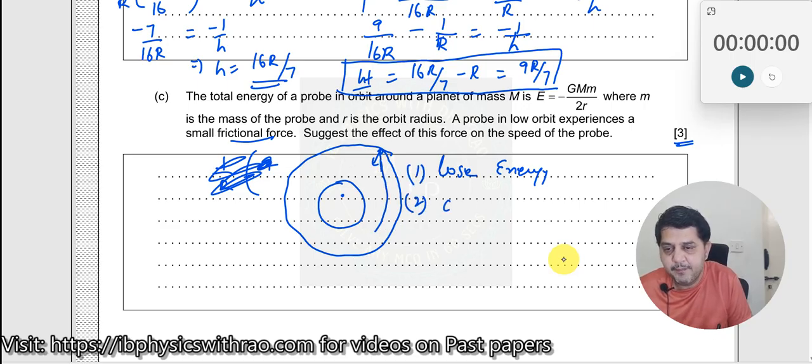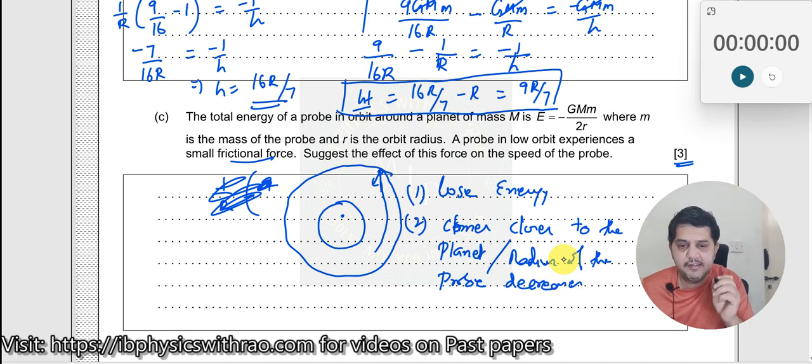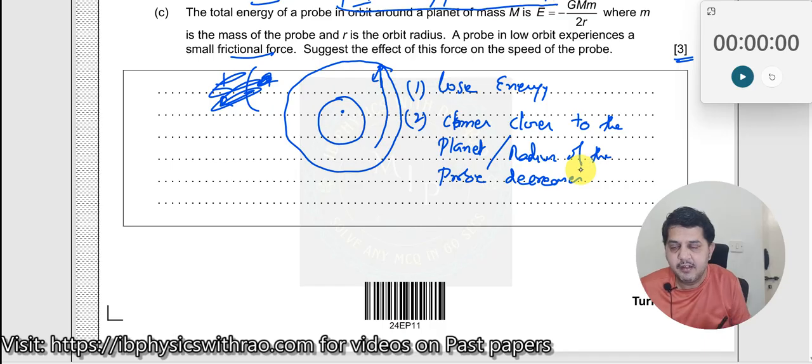Second one: it comes closer to the planet. You can write like this, or you can also write the radius of the probe decreases, right? When the radius of the probe decreases, what can happen? Now he is asking you to find out the orbital velocity. What is orbital velocity given by? This is given by root of GM by r, right?